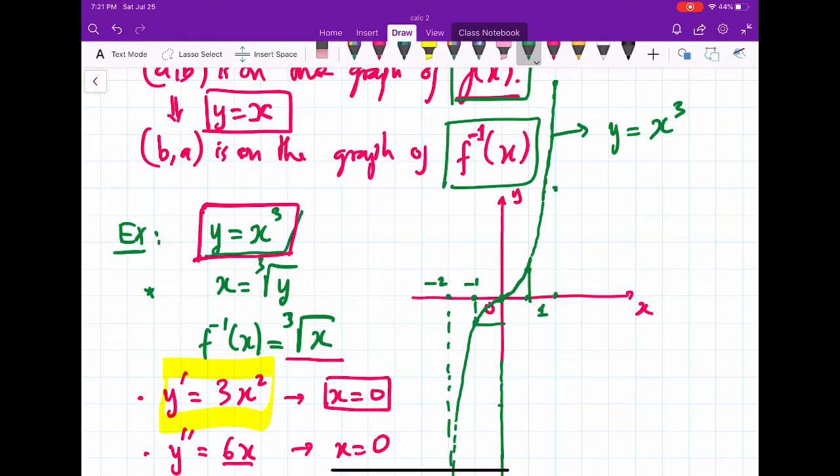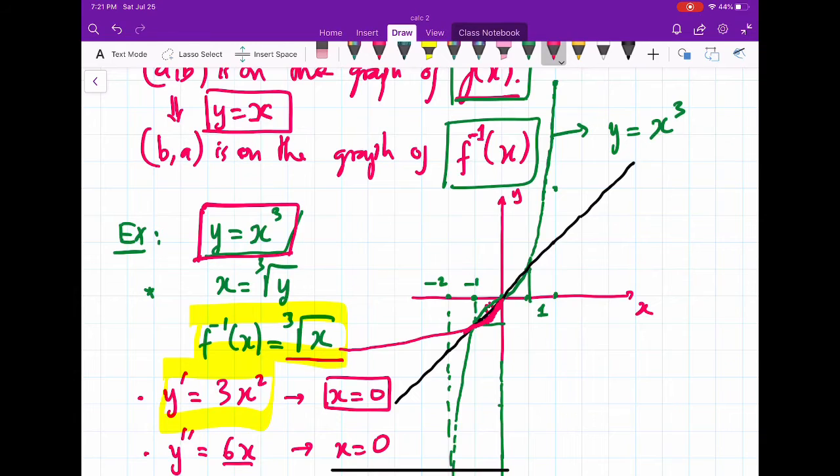And we know that the graph of the inverse is symmetric with respect to y equal to x, right? So let me draw the straight line y equal to x in here. Okay, from here I can get the graph of the function cube root of x. So I just do like this. Let me use another color. So this is symmetric, and then I go in this direction.